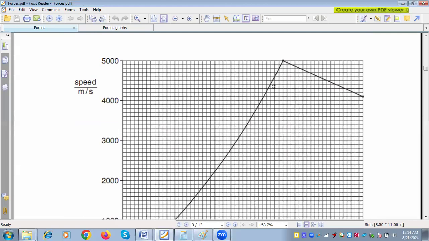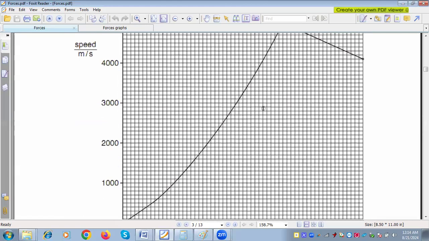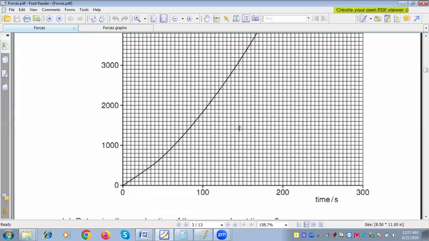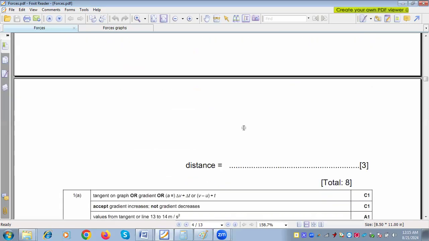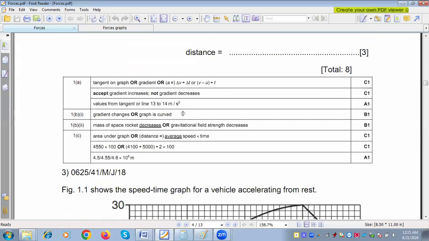So acceleration is increasing due to the decrease in mass of the space probe, because when it travels upward, it makes use of the fuel. So the mass decreases, and so does the weight. So the gradient changes, or the graph is curved. That is why the acceleration is not uniform.